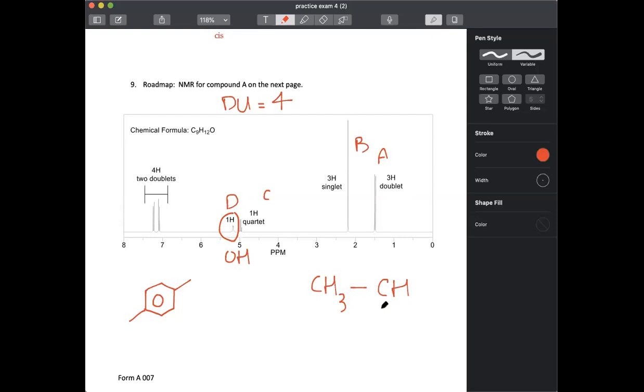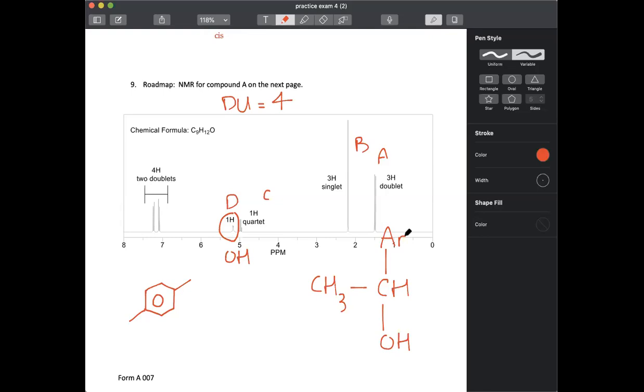Now it's missing 2 more bonds. Notice how it's the furthest downfield. So what do you think it's going to have on it? Yeah, an OH. And in this case, it's also going to have the ring, because that's the best way to construct this structure.